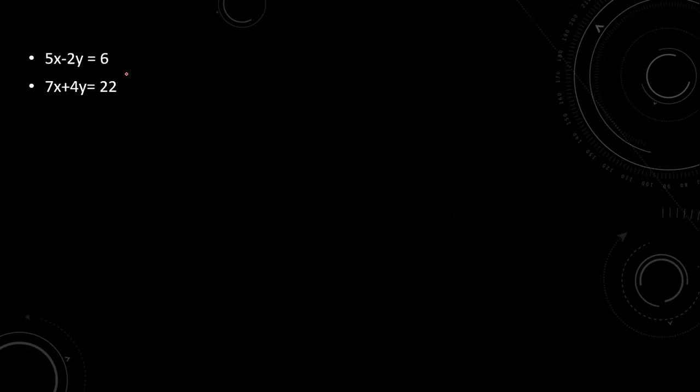Now let's try this one. 5x minus 2y equals 6, 7x plus 4y equals 22. So we have equation 1 and equation 2. We give each equation a number first.